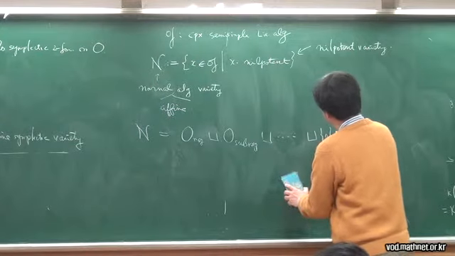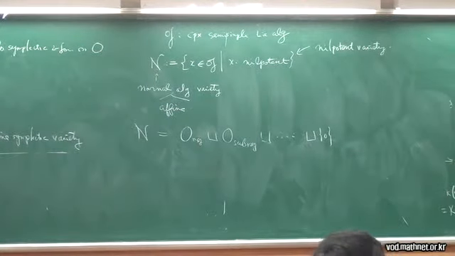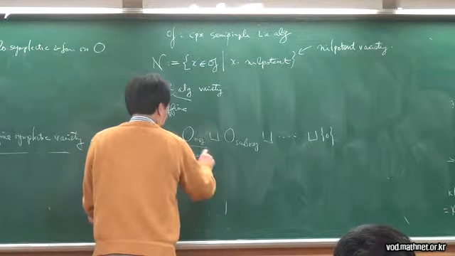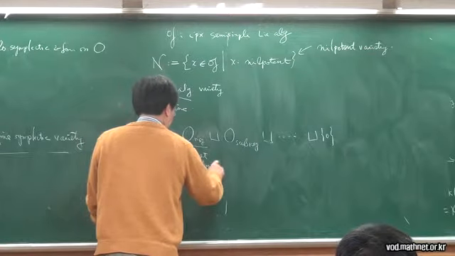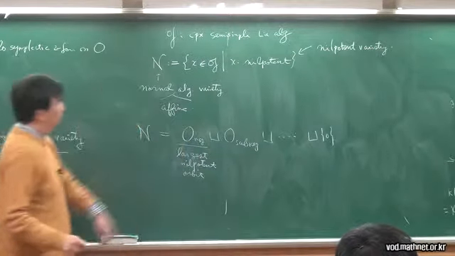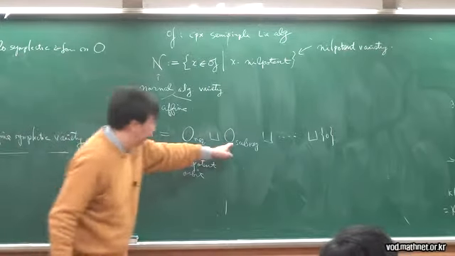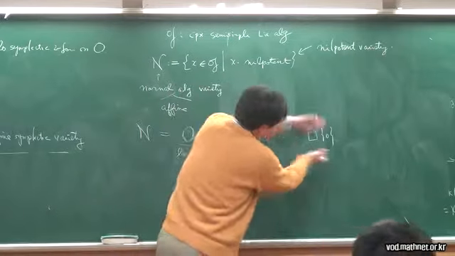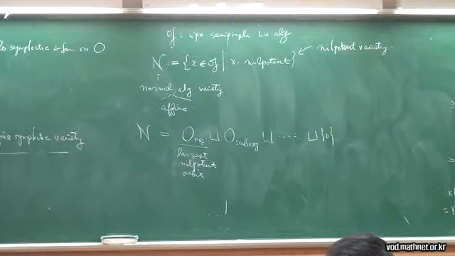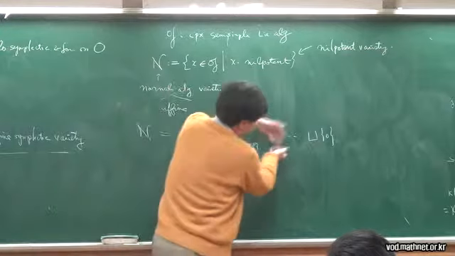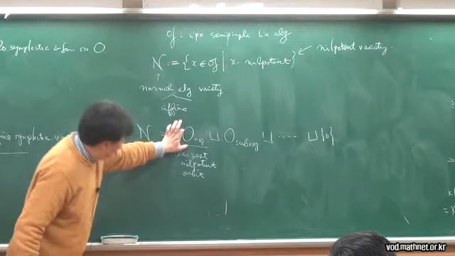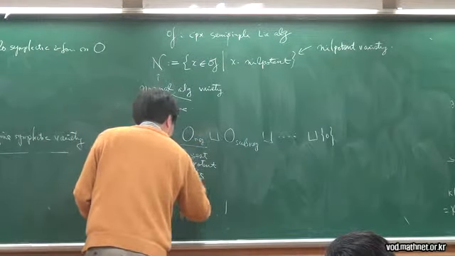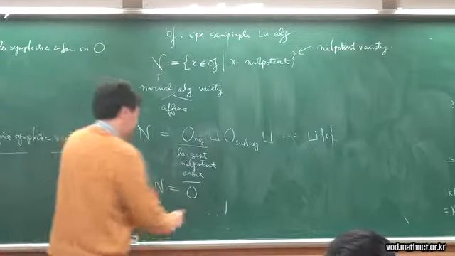The smallest nilpotent orbit is the origin itself, and this is the largest nilpotent orbit, called the regular nilpotent orbit, and the subregular orbit is the second largest. The hierarchy of nilpotent orbits is rather complicated, but the largest and second largest exist. Anyway, N is just the closure of the regular nilpotent orbit.